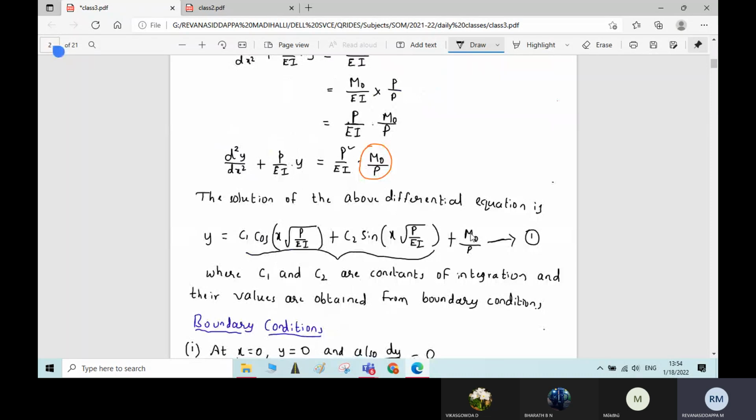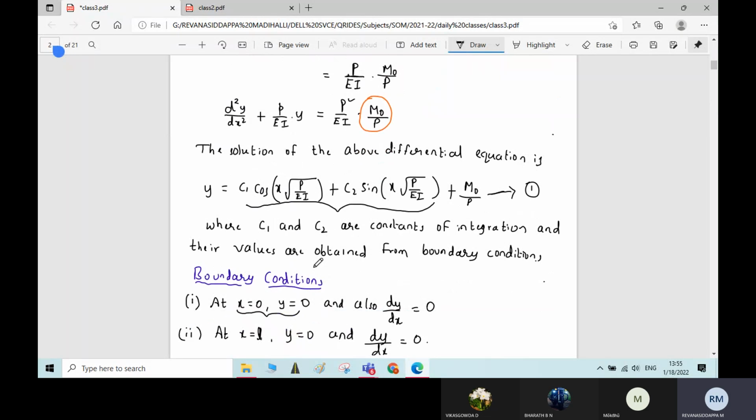The right term will be decided based on the coefficient of this p by EI. In the third derivation, where both ends of the column were fixed, the coefficient of p by EI was M naught by p. That is why we wrote plus M naught by p. The left term will be the same, that is c1 cos x root p by EI plus c2 sin x root p by EI, plus the coefficient of p by EI in the RHS. That will be the solution for the equation.